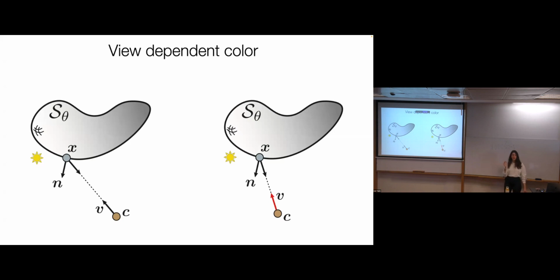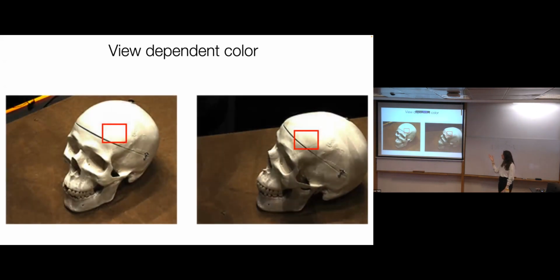If you change your view, the color is going to change. It's also evident here: this is the same intersection point, but if you see it from one camera, it's going to be different than from this view, because this surface reflects differently depending on the view that you're looking from.